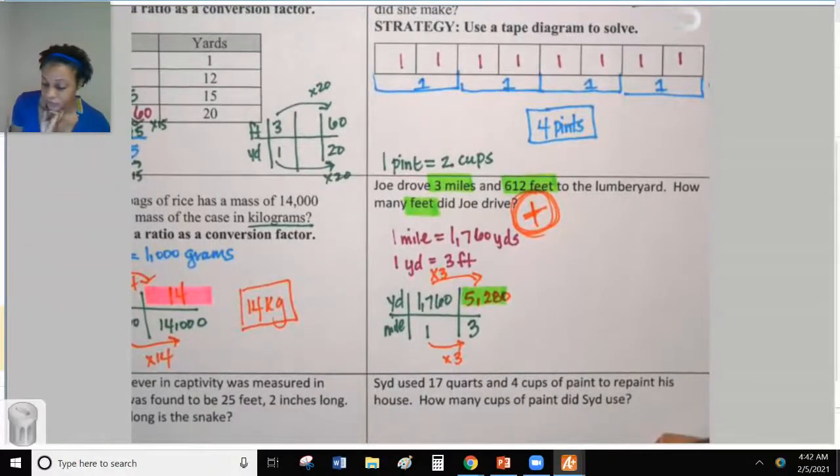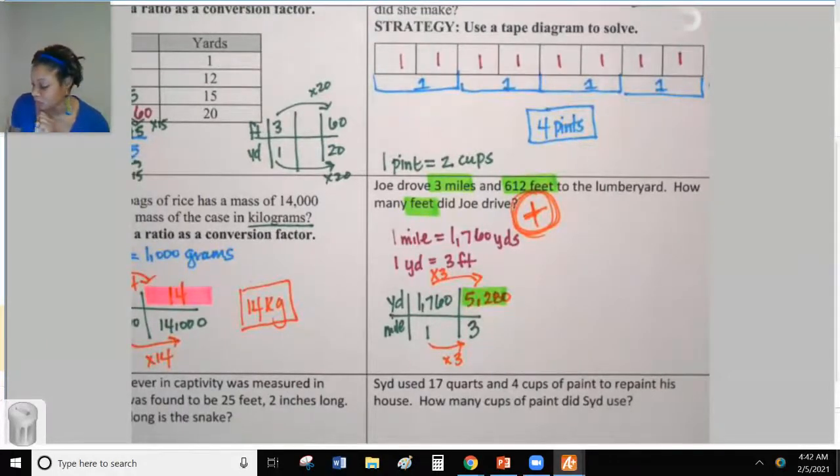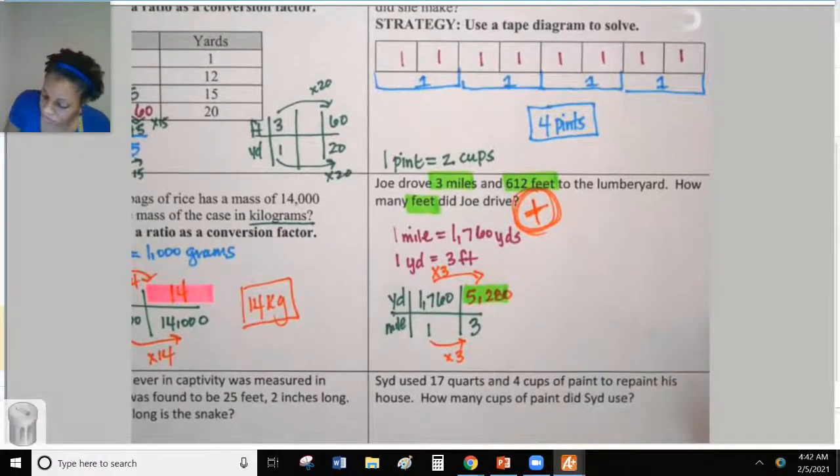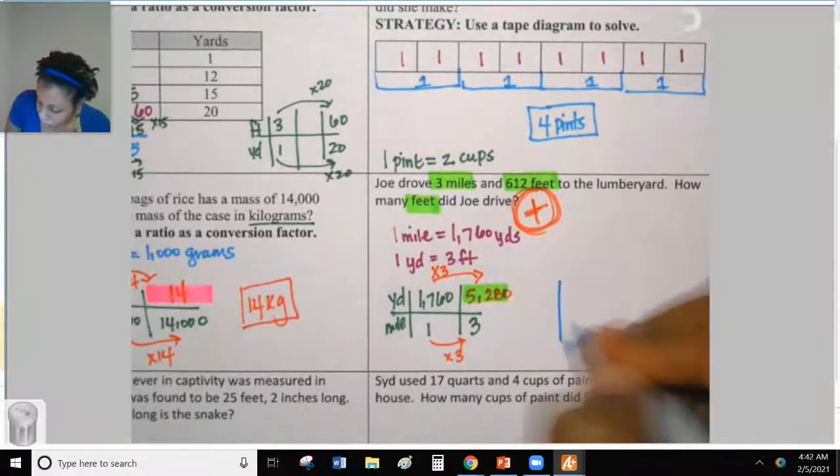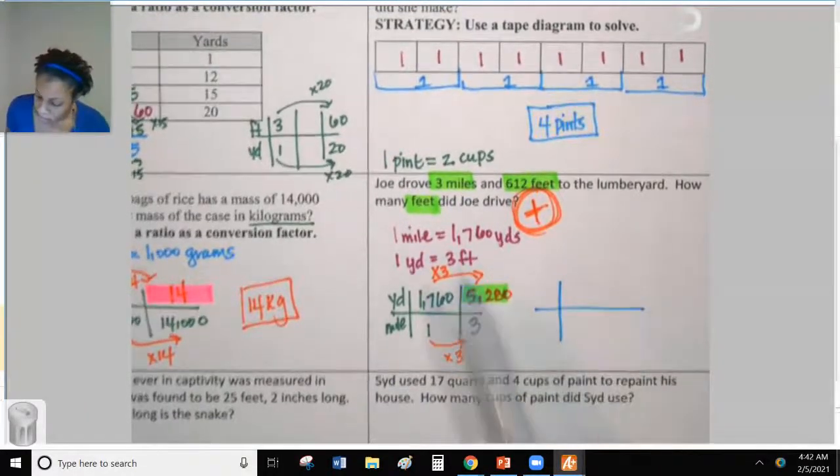Okay. So if I multiply 1,760 times 3, I get 5,280. That is my yards. So I'm not done. So now I have to convert the yards to feet. So now I need to set up another chart. And I'm going to go from yards to feet.